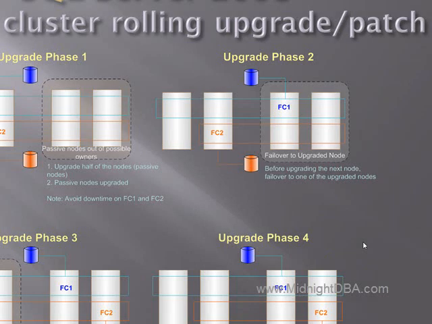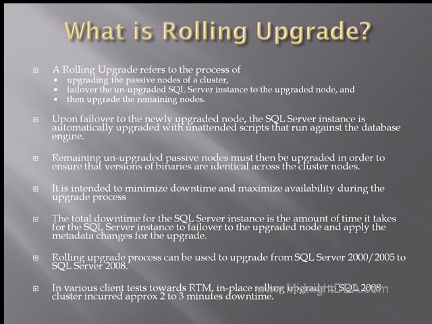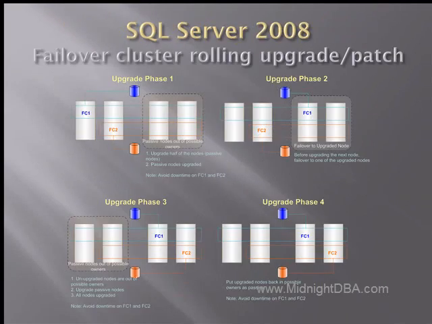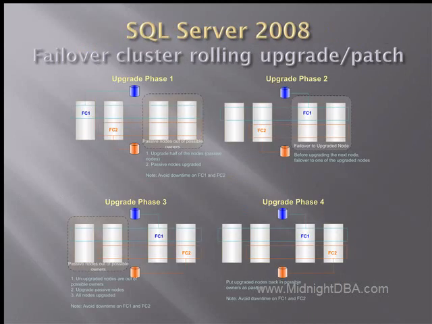So we saw here, let me go back to the previous slide. Here we saw the rolling upgrade procedure where you upgrade the passive node and then do the failover. It's the same process even for patching. So if you have already a 2008 cluster, you can do a patching.